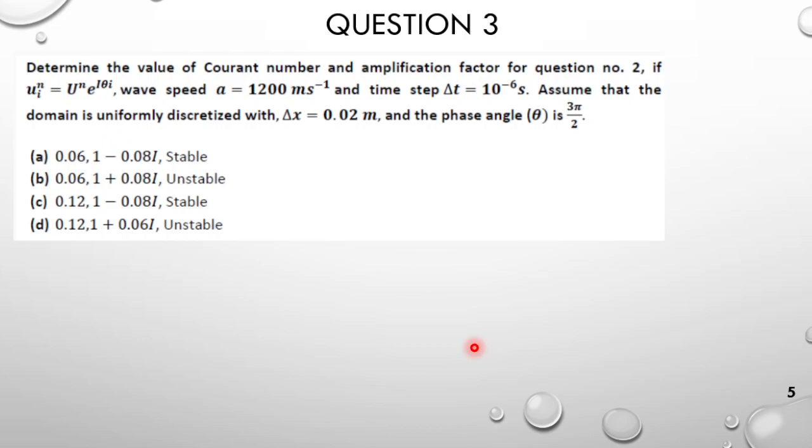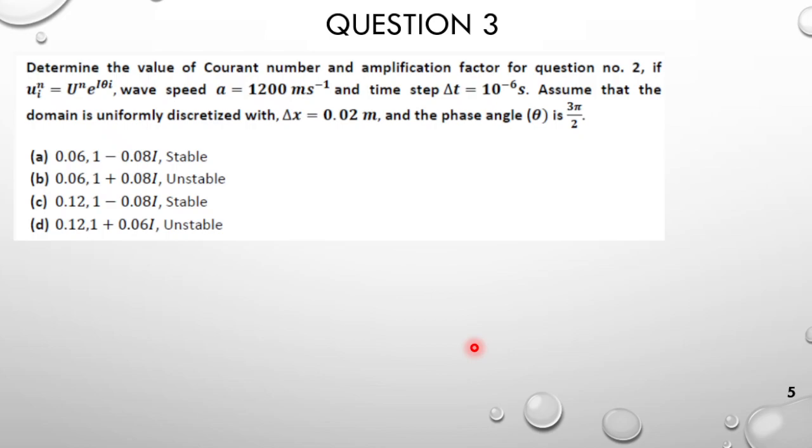In some range of Courant number values, you get a stable solution. So what should be the Courant number for given values of delta t and a? Yes, it is a into dt by dx, correct. But what should be the value? Because a, delta t and the other values are given. Okay, it should be, yes, 0.06.